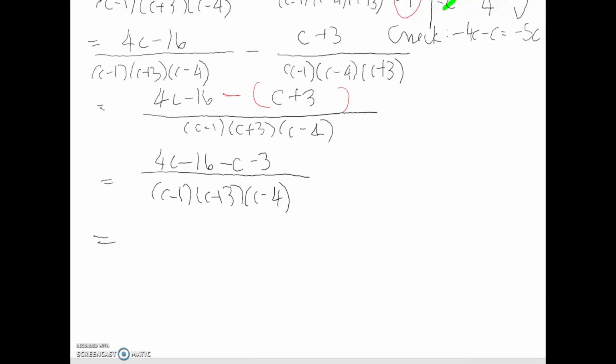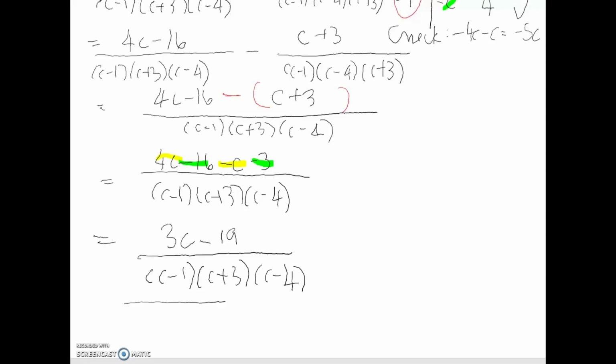Now, we realize that for the numerator, there are some like terms that we can simplify. 4c minus c will give us 3c, whereas negative 16 minus 3 will give us negative 19. So therefore, 3c minus 19 over c minus 1 times c plus 3 times c minus 4. Hence, this is how we add or subtract two fractions together.